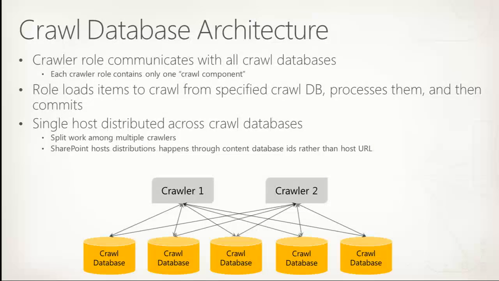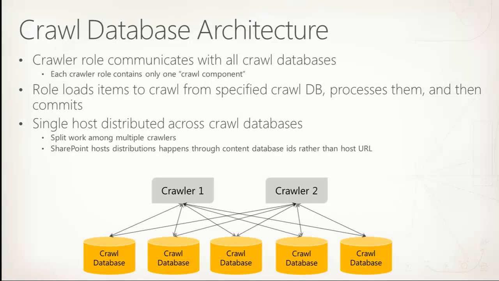Back in 2007, the crawling was all a single-threaded, single search shared service instance, and the common scenario was that as you crawled content, it would get queued up, and you might be waiting for a long time for that data to even be processed. And we improved that with 2010 by being able to scale those crawl databases, but there was something still that was not optimal. And it came back to the fact that in 2010, although you could have multiple content databases, a content database was really tied to the concept of a host.